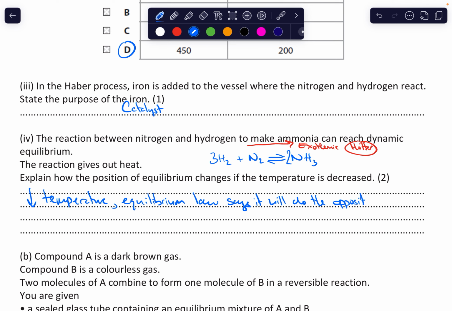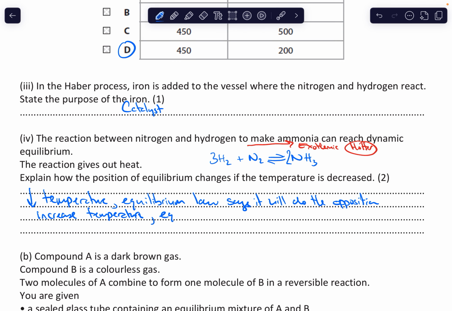And by doing the opposite, that means it's going to want to increase the temperature. So how can this reaction increase the temperature? What it can do is it's going to move to the right because the right makes it hotter. So then we say that the equilibrium will move to the right.